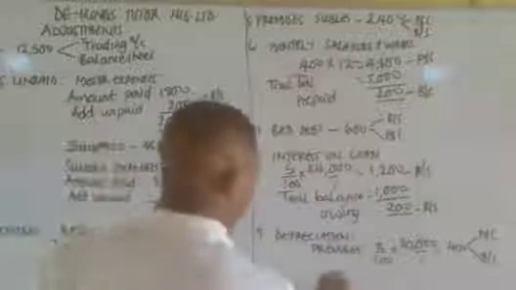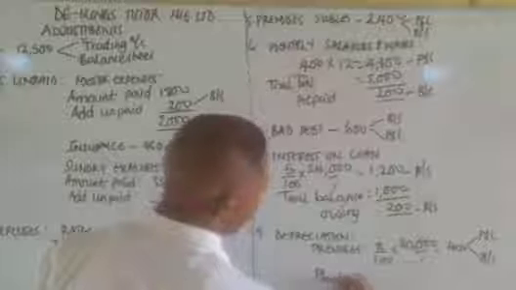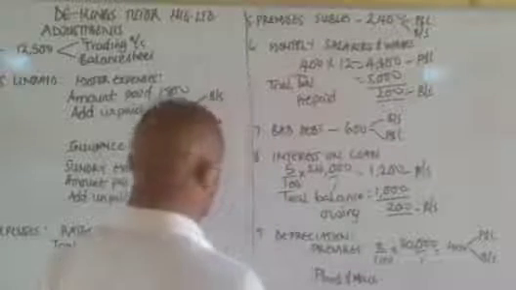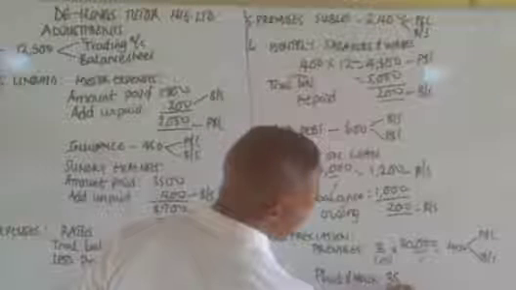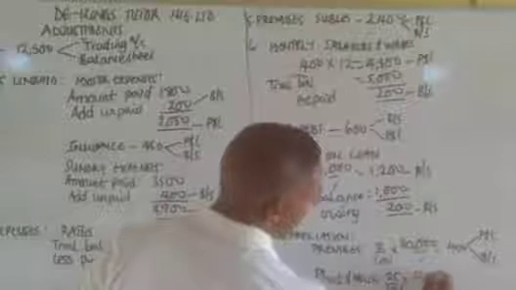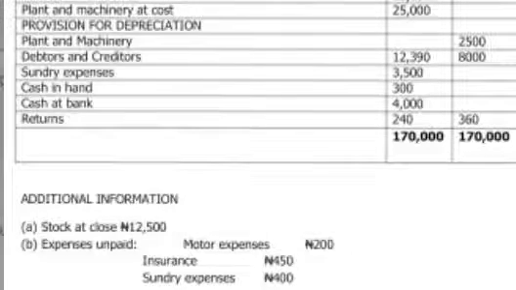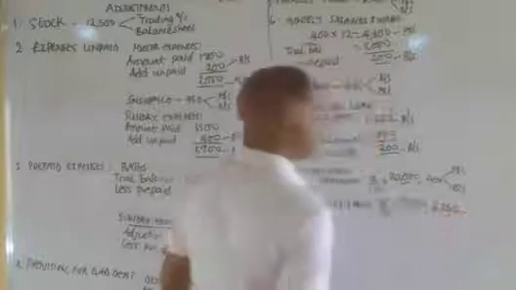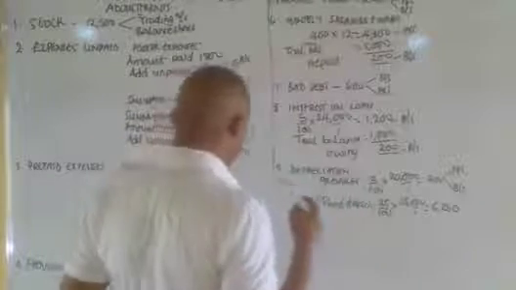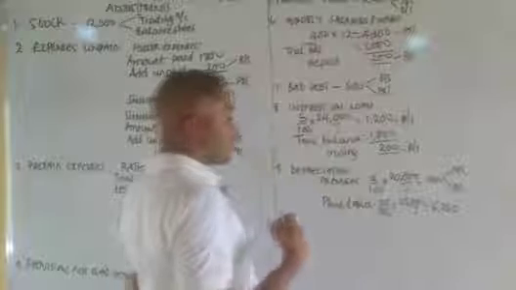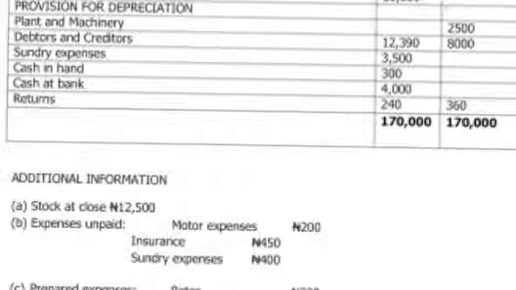Okay. The next one is plant and machinery. Now the amount there is 25%. So 25% on the cost of the asset, which is 25,000, will give us 6,250. Now, if you check in the question, you see provision for depreciation for plant and machinery.